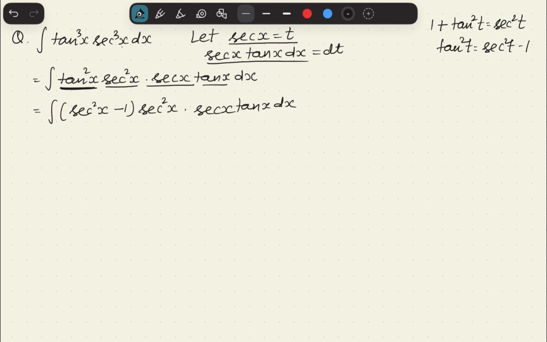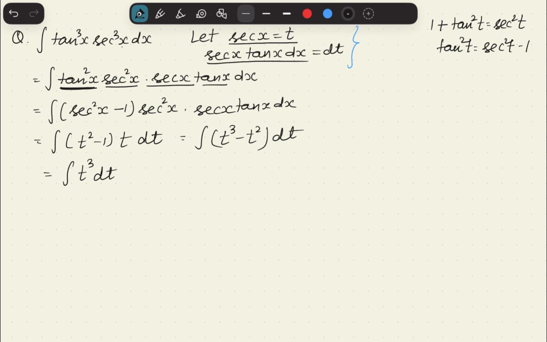Now we can put these values here in our integral. So we will get t square minus 1 into t dt. We will simplify this. We will get t cube minus t square dt. After separating them, we will get t cube dt minus t square dt.